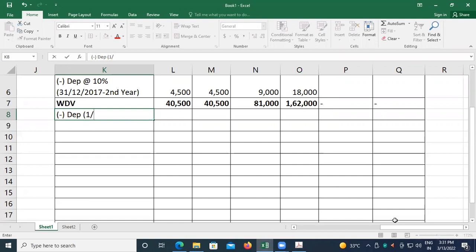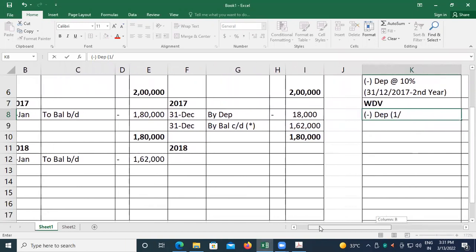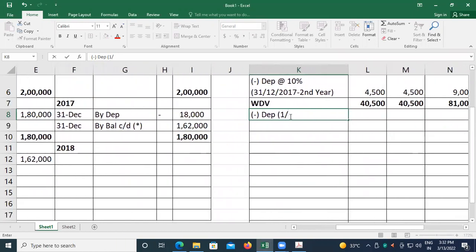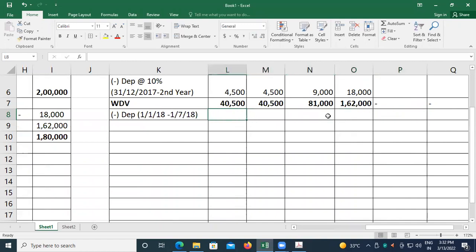Okay, so if you can see my ledger account here, 1st of January 2018 to 1st of July 2018. So I'll write here just 18, meaning 1st January to 1st July, because on 1st July they have sold the asset.